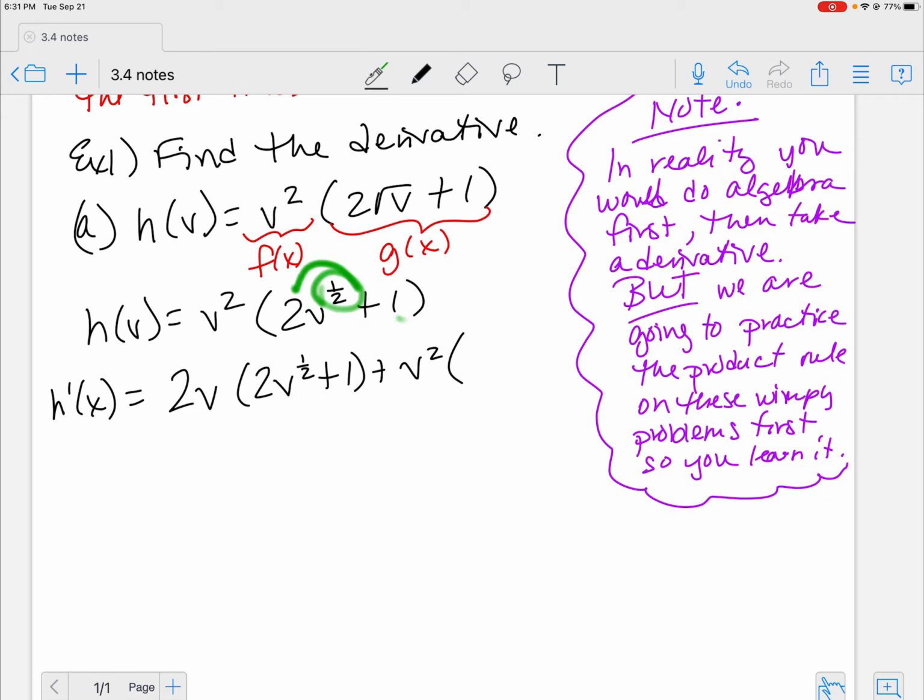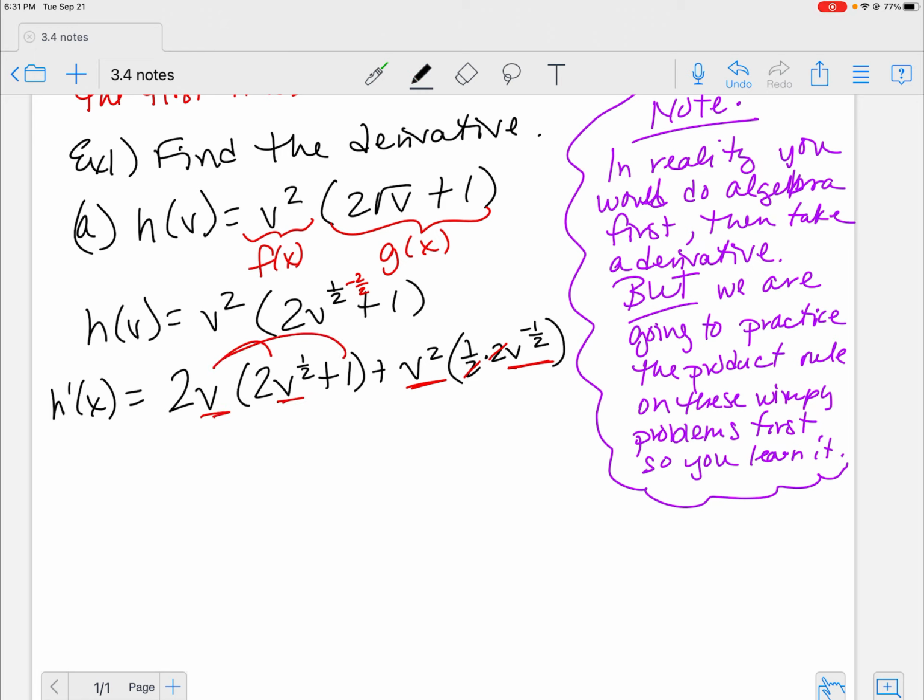So I'm going to bring this 1/2 in front, take it times 2, and then I subtract 1 from that, and that's how we get the negative 1/2. And then 1 is a constant, so I don't worry about that. Now this 2 cancels out that 2, right? And here I have like bases. When you multiply like bases, you add the exponents, right? Same thing is happening over here. When you multiply like bases, you add those exponents.